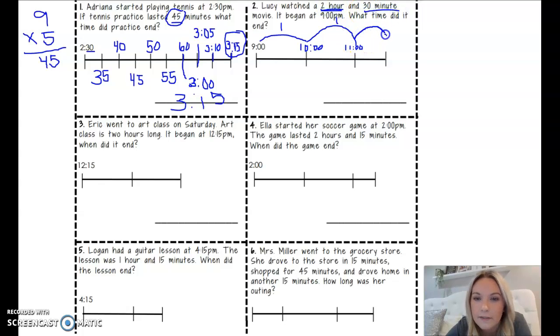So here I'm going to jump 30 minutes. If I add 30 minutes to 11, it's 11:30. 11:30 is what time the movie is going to end. Man, that's a late movie.